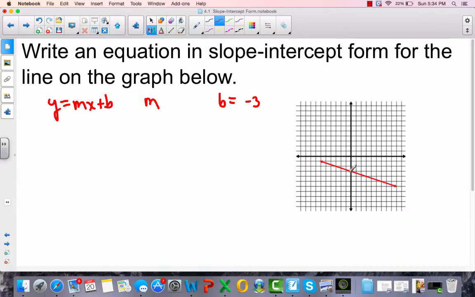So let's find the next place that it crosses. There we go, right there. So that means we went up 1 and to the left 3. So that means we write y equals -1/3 x minus 3.